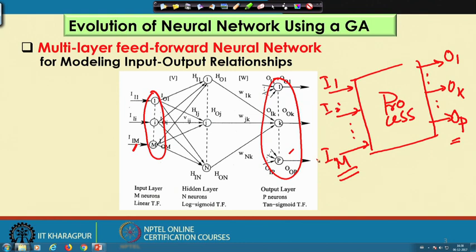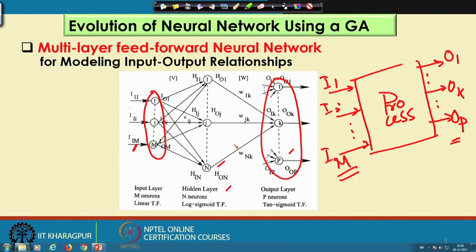The only thing we can do is change the number of hidden layers and also change the number of neurons present on the hidden layer, which actually decides the topology of this particular network. Now, here let me assume that I am going to consider only one hidden layer, and this hidden layer is going to contain capital N number of neurons.